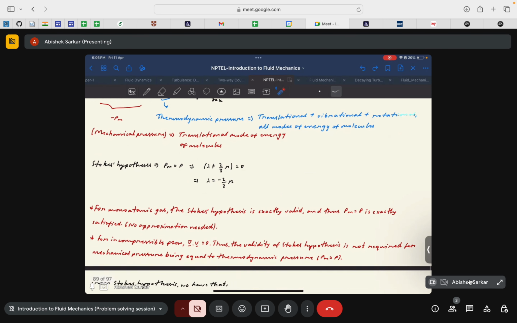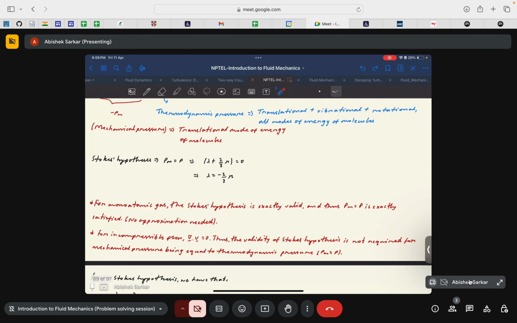And there is again a detailed explanation by Professor Chakraborty in the lectures, about the scenarios where this Stokes hypothesis is always valid. So he states that this Stokes hypothesis is usually valid if the time scale of change of the fluid property is slower than the relaxation time.